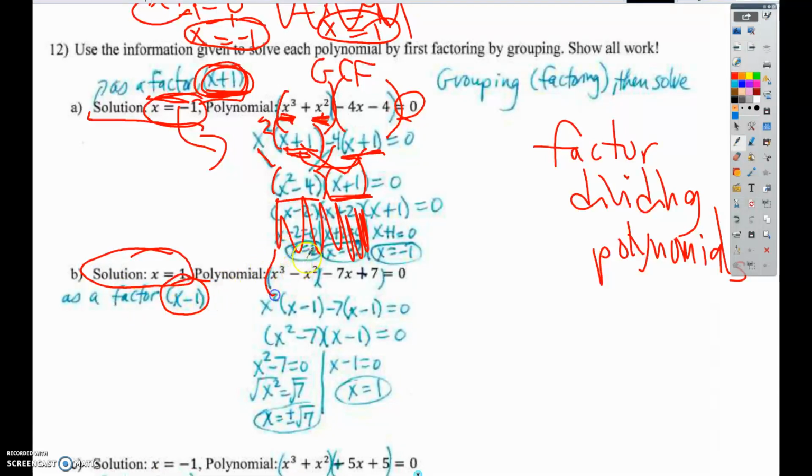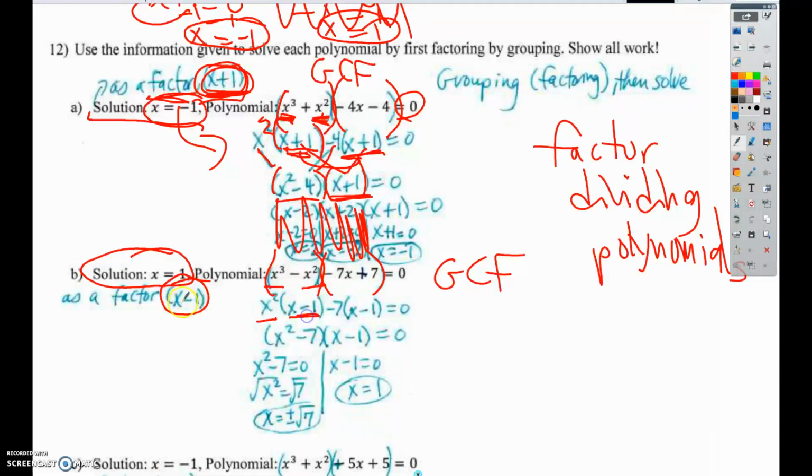The next step is to create two sets of parentheses so I can do greatest common factor. The greatest common factor of x cubed and x squared is x squared. x cubed divided by x squared is x. x squared divided by itself is 1.